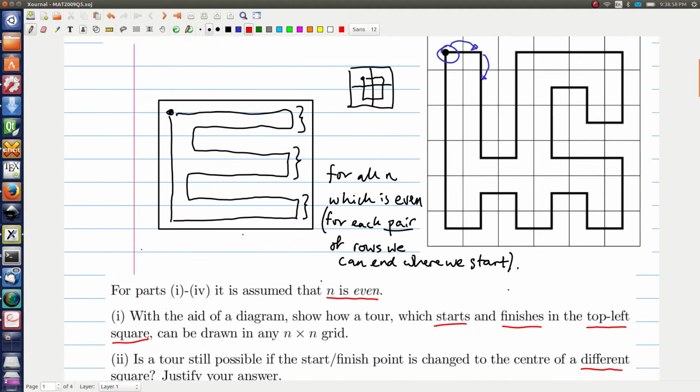Justify your answer. Okay, assuming you've tried this before or you just want to listen to the answer, it is trivial that if we change the start endpoint to any other square, such as here or here, and by the way, I haven't drawn in the boundaries here. This is actually a 6 by 6 square, isn't it? Just like the one on the diagram.